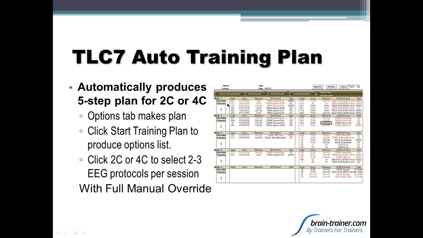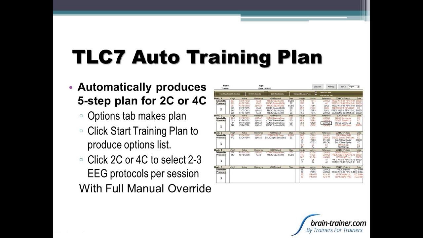But it gives you for block 1, which would be your first session, 4-channel and 2-channel training options, 1 or 2 for the 2 channels, 1, 2, or 4 for the 4 channels, depending on what amp you're using. And then it can help you select by clicking on some of these buttons to say, I want a 4-channel plan or I want a 2-channel plan.